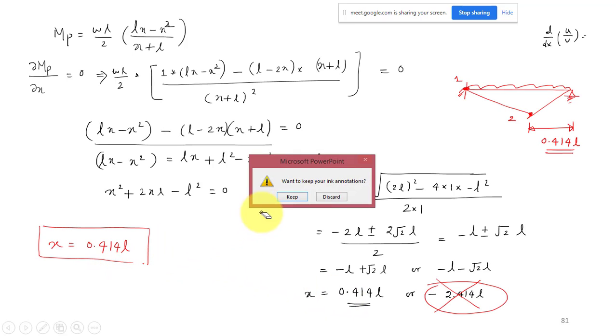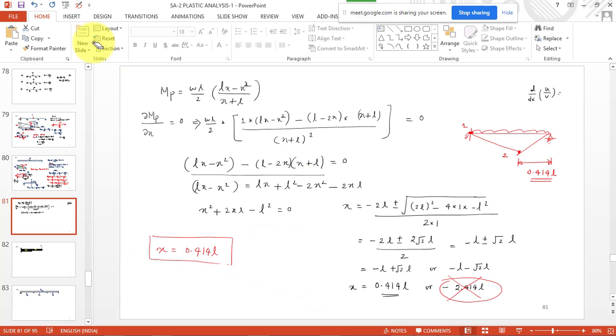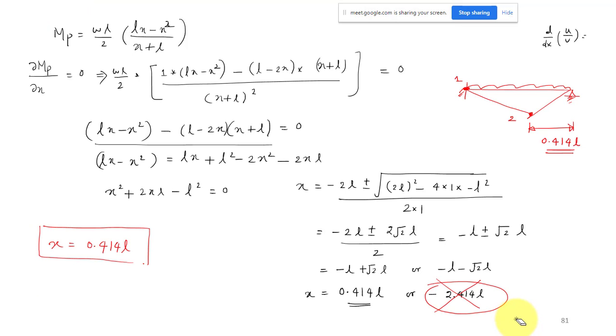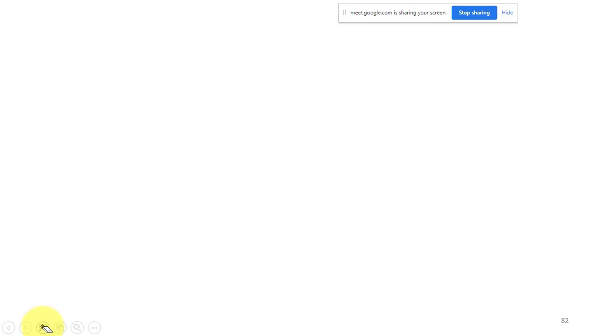So now we can substitute this value of x in equation number 1. Let me write it neatly here. This is the moment diagram, so midspan.